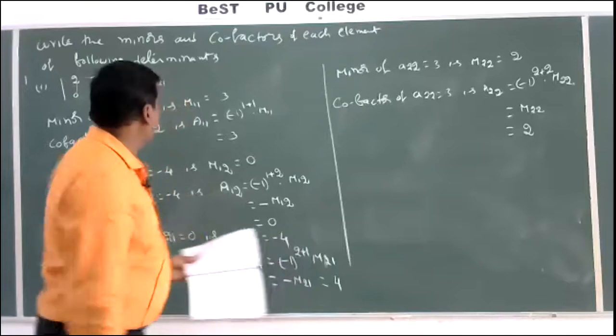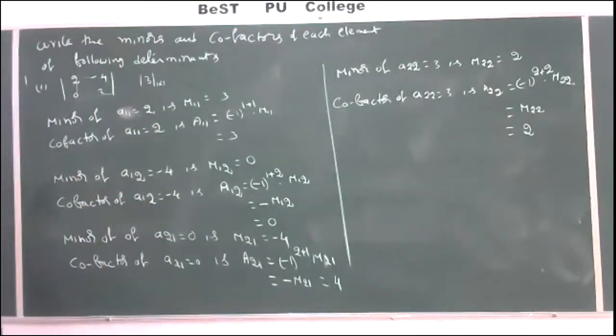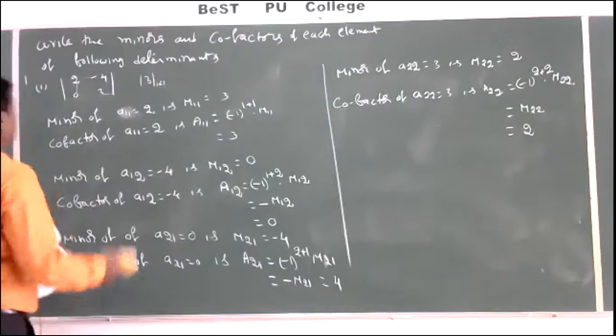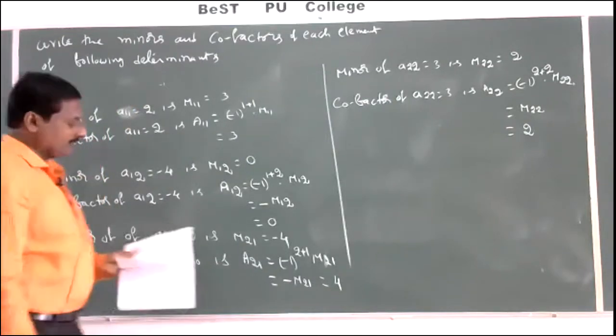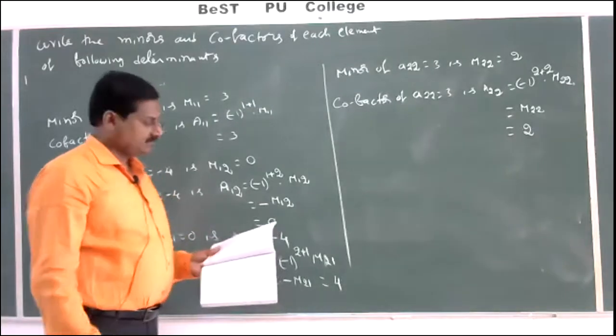In the same way, we will write the minors and cofactors of a 3 by 3 determinant. In the first main, the second problem is there, the same method, you have to write the answer.